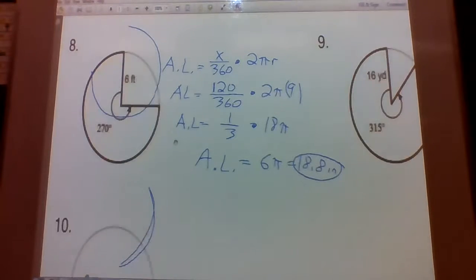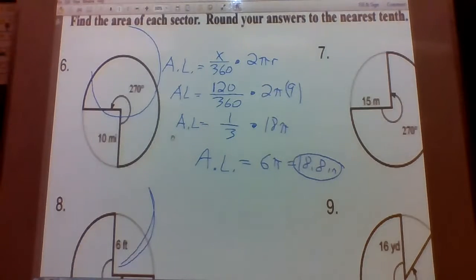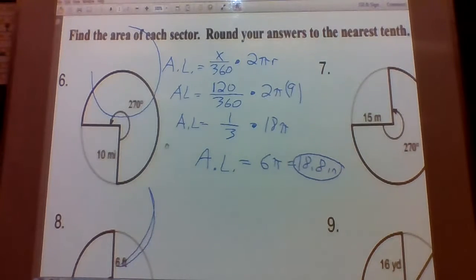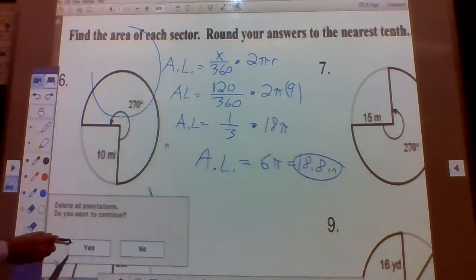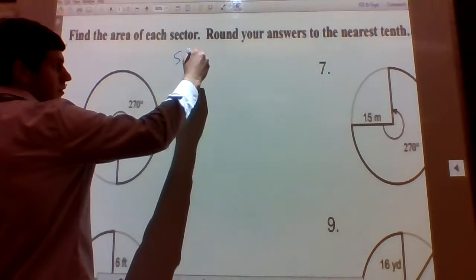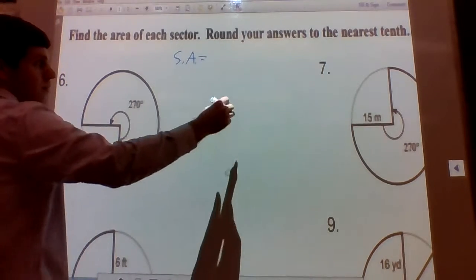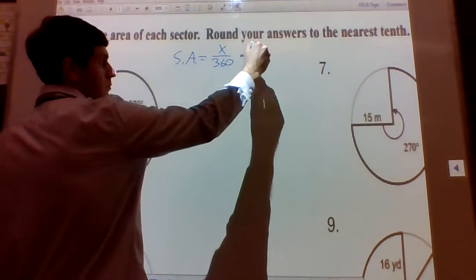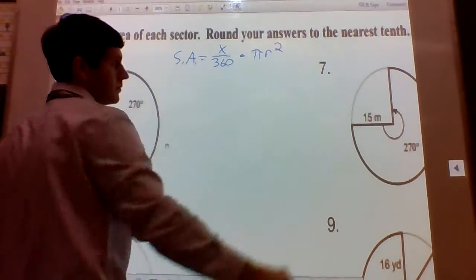Okay, 6 through 10 here, we are finding the sector area of each of these. So again, our sector area formula was the portion of the circle we're looking at times the total area of the circle.